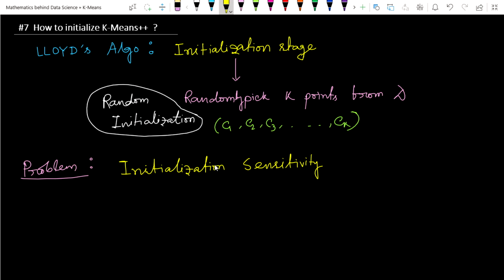I think it will be better if we try to understand the sensitivity with an example. The drawback of this sensitivity is in the final clusters and centroids.